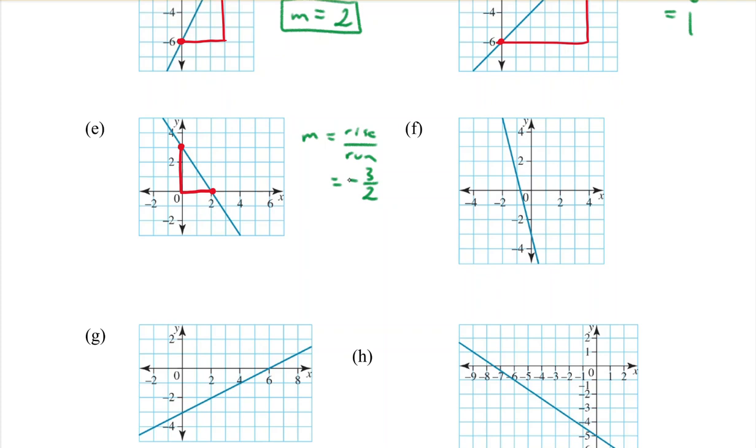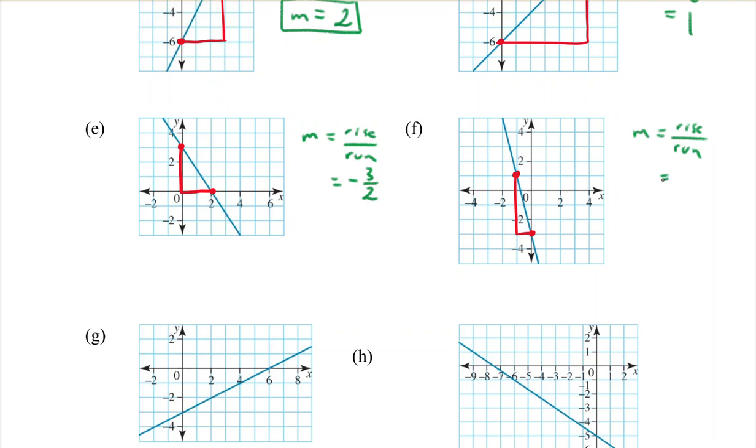F. This one does not go nicely through the x-axis, so we might have to go to that point. It does go nicely through the y-axis though, so we can use that one there. So from the top one, straight down, horizontally across. So check the scale.